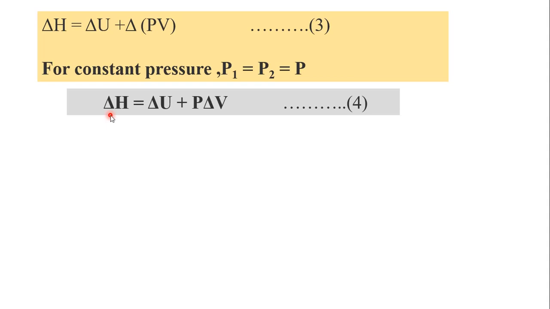and therefore equation 3 becomes: delta H is equal to delta U plus P delta V. That is, the enthalpy change at constant pressure is equal to the internal energy change plus P delta V, that is, the work done by the system or on the system.